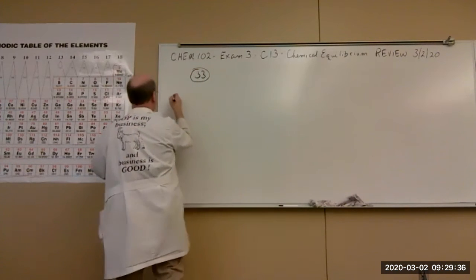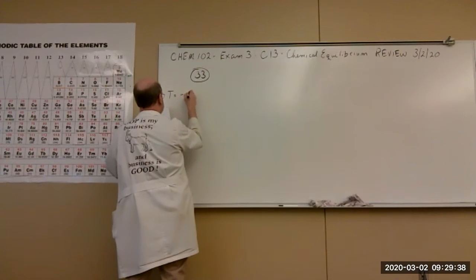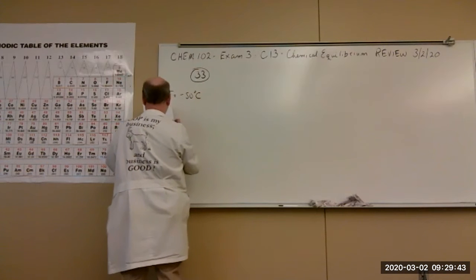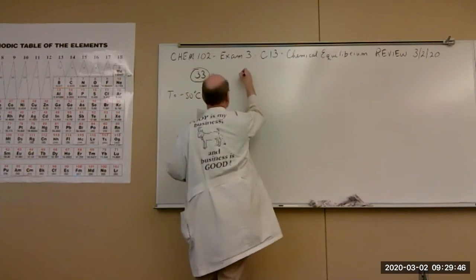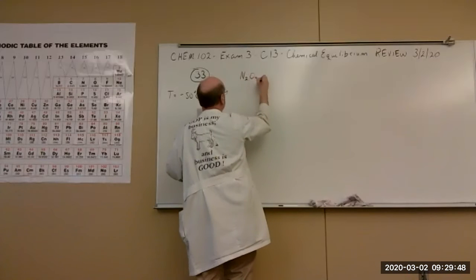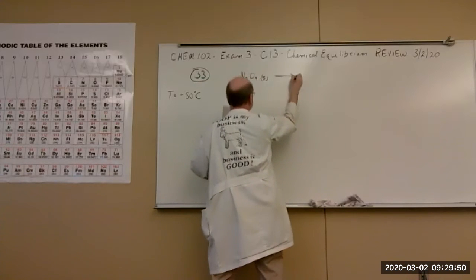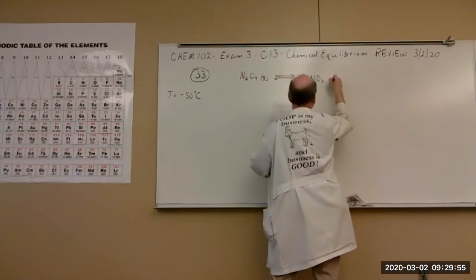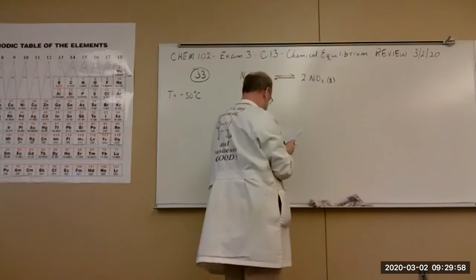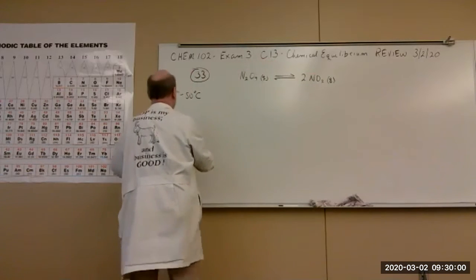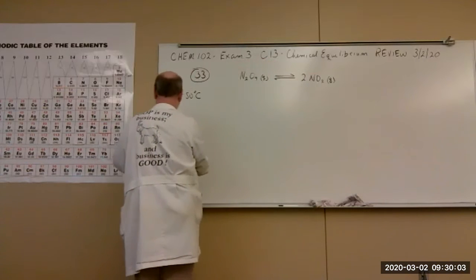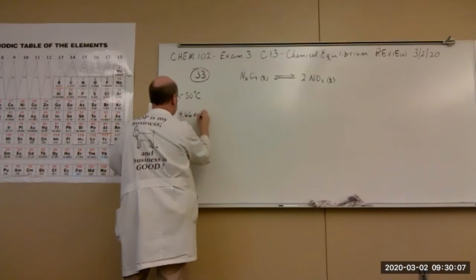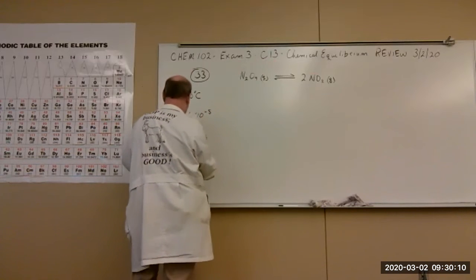Okay, so initial conditions. Temperature is minus 80 centigrade. The reaction is N2O4 gas yields 2 NO2 gas. Okay, and the K for that is 4.66 times 10 to the minus 8.